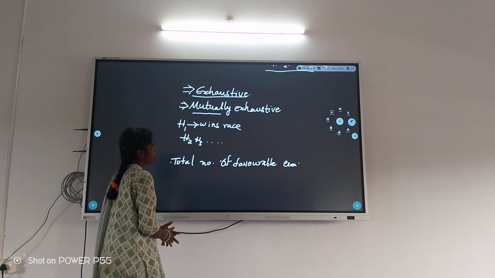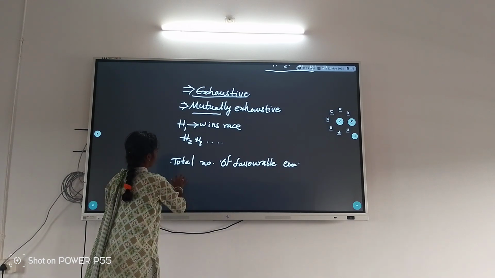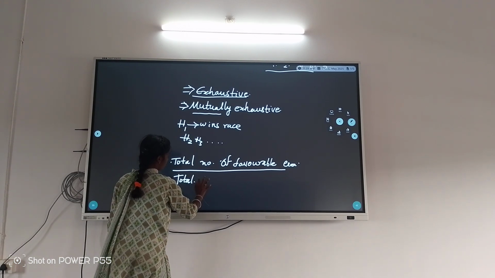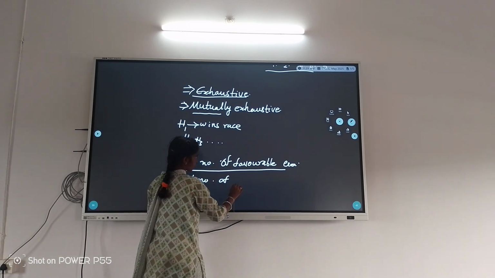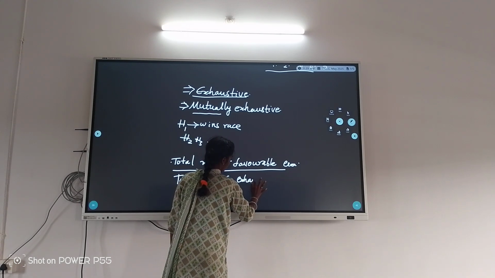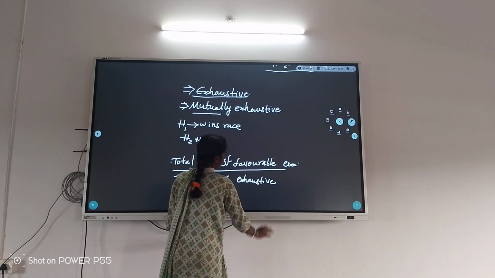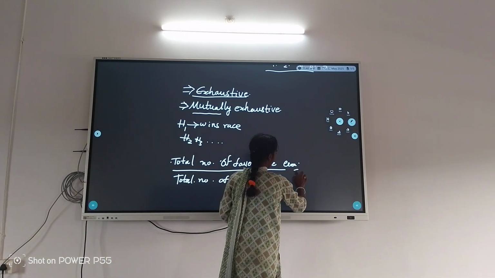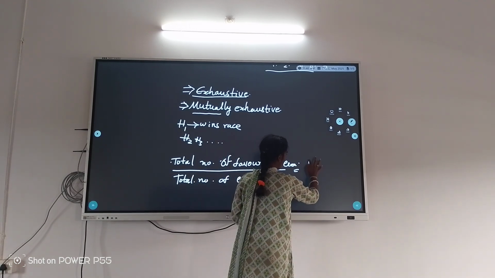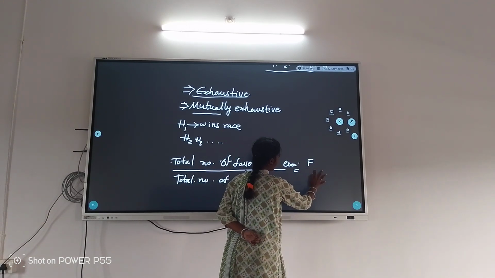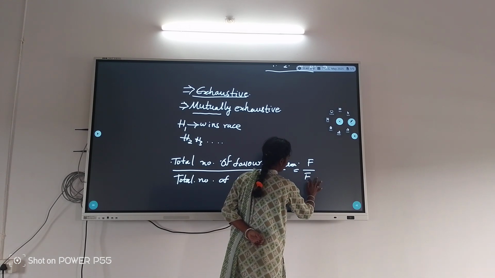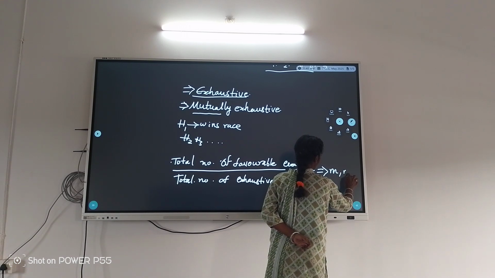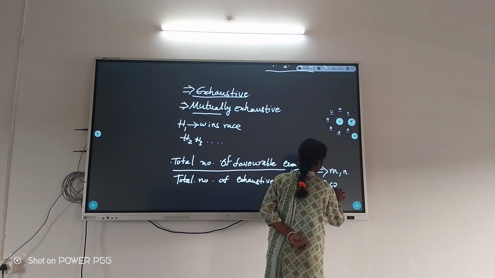Favorable events are the possible outcomes of the problem, divided by the total number of exhaustive events. The formula can be derived as F over E: the favorable outcomes we take as F and the exhaustive events as E. Here M and N are positive integers.